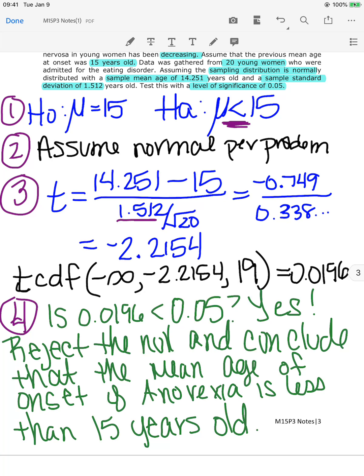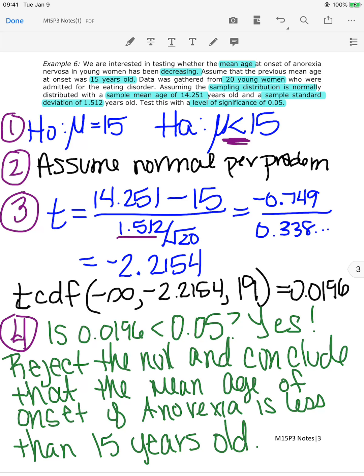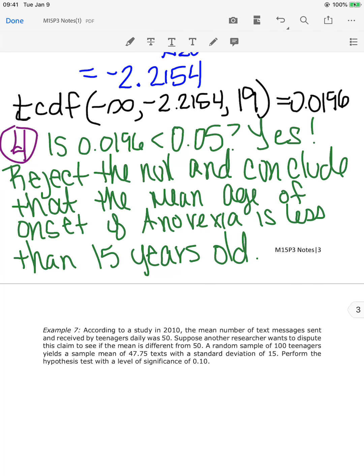Find the probability associated with that t-value according to your alternative: less than, not equal to, or greater than. And then come to the conclusion and write out your interpretation. So this is how you solve a less than problem, an alternative that is less than. Let's go to the next example.